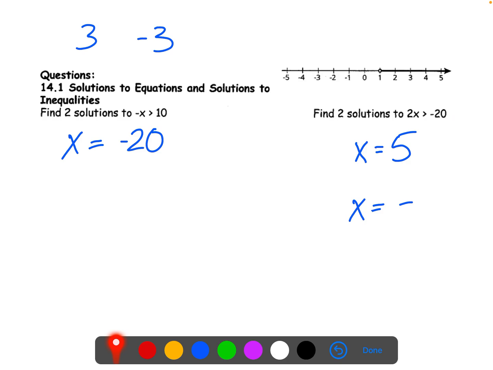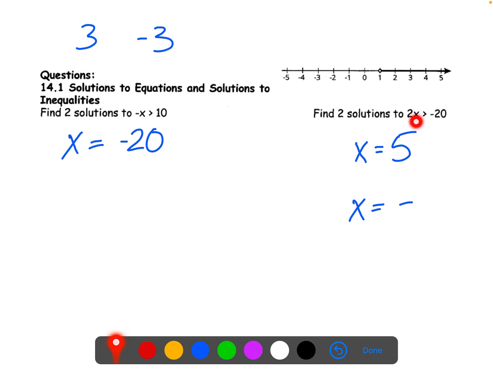All right, hopefully what you found is that -1 would work because we're taking -1 times 2, that's a -2. That's still closer to 0 than -20, so it has a greater value, so that would be true. Let's think of what the smallest negative number would be that we could put here.